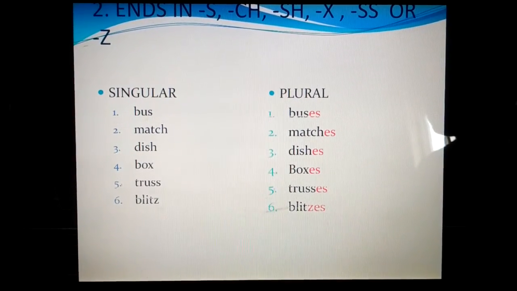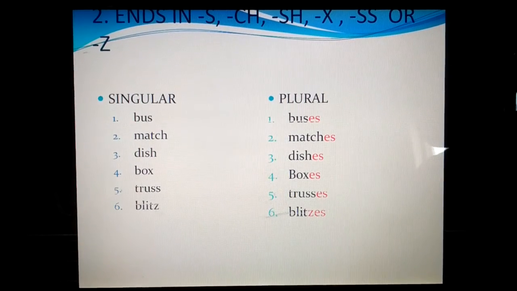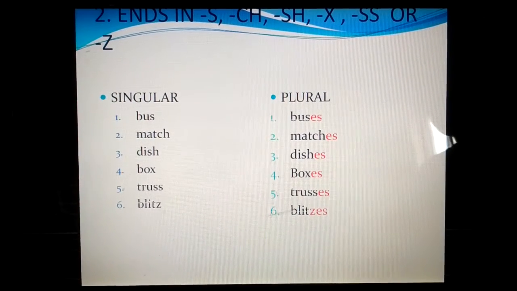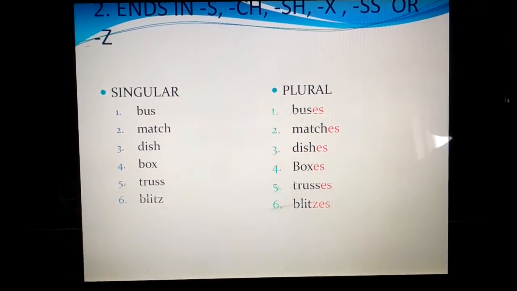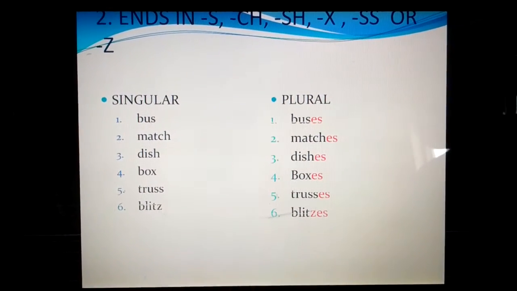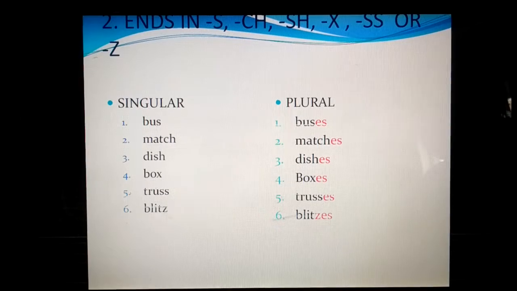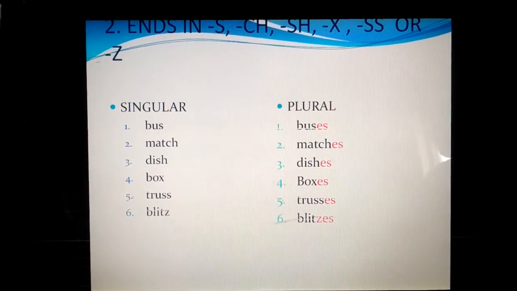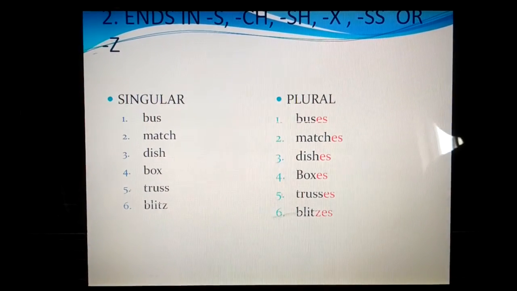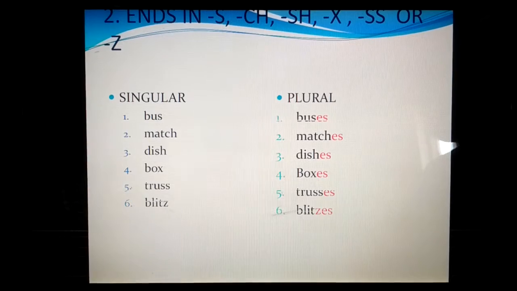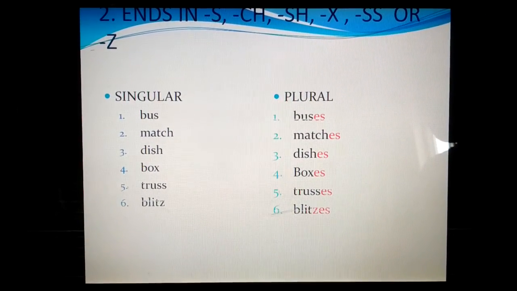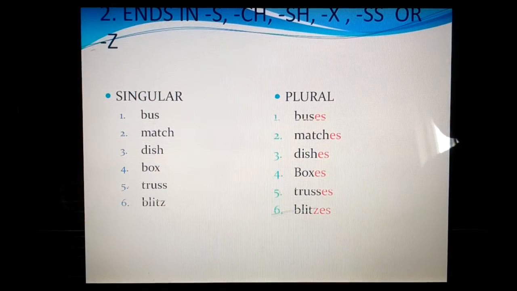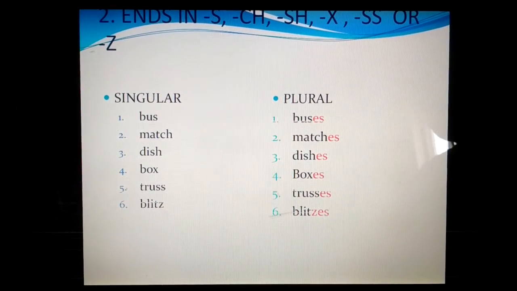Bus ends in s, and in plural form we add es. Then ch. Match. At the end of this word there is ch, and in plural form it will be es, matches. Then dish. At the end of this noun there is sh, and in plural form we have to add es.